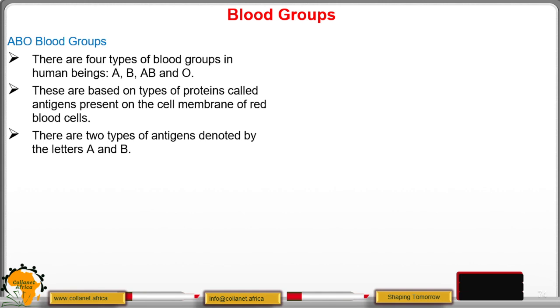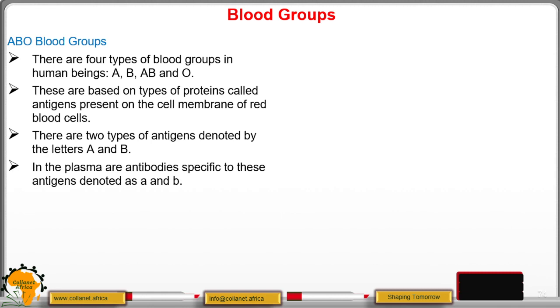And there are 2 types of these antigens on the red blood cells, denoted by letters A and B. In the plasma are antibodies specific to these antigens, denoted in small letters a and b.